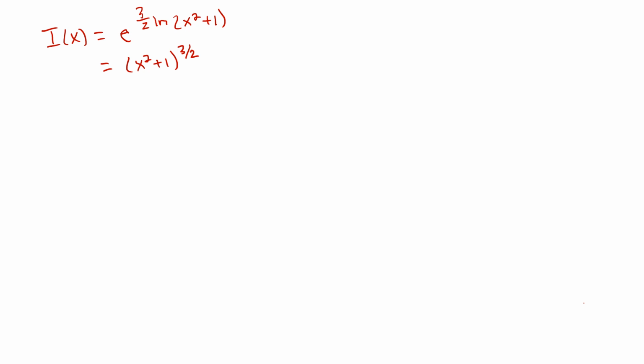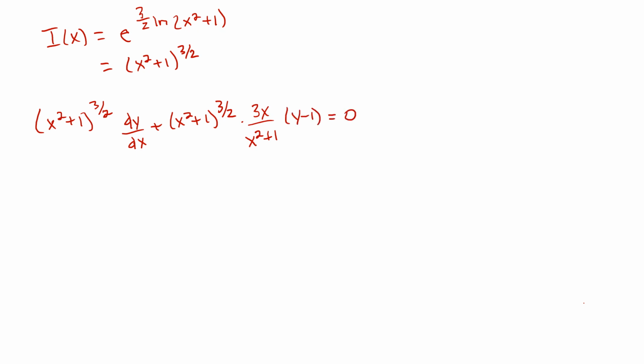So now that we found it, we multiply each term in our DE by this integrating factor. So we have x squared plus 1 to the power 3/2 dy dx plus x squared plus 1 to the power 3/2 times 3x over x squared plus 1 times y minus 1 equals 0.